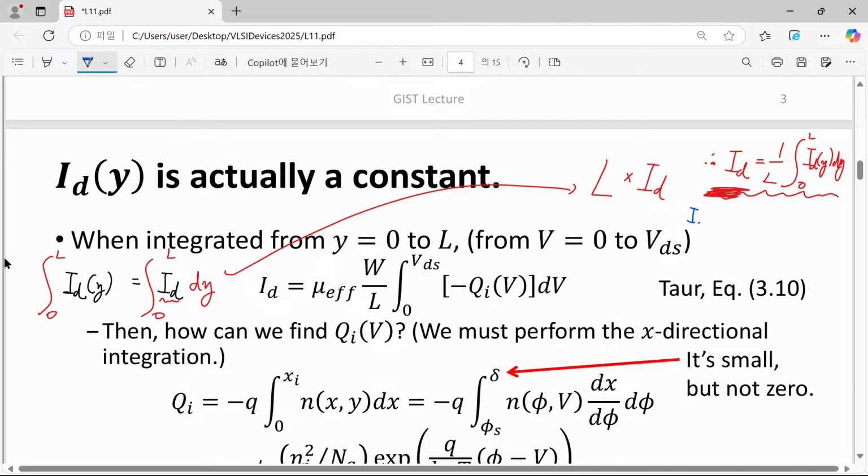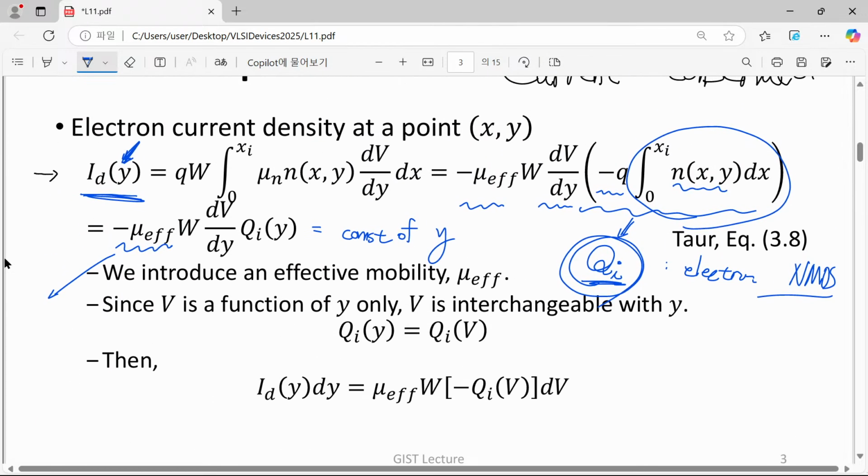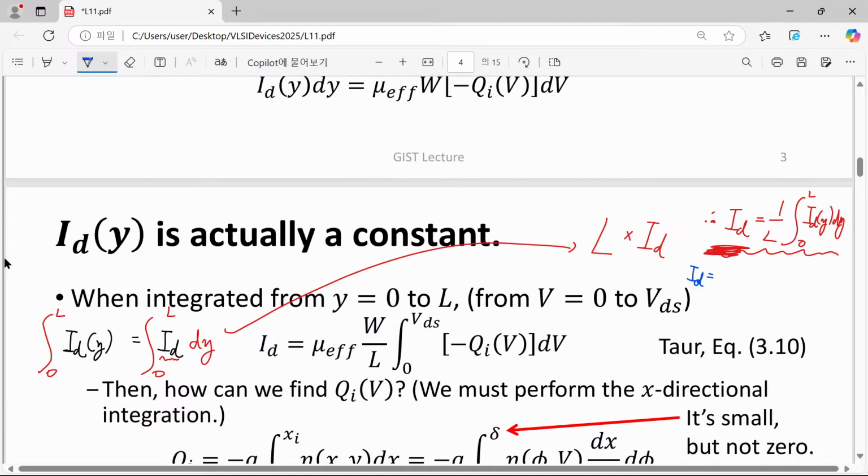Then ID can be written as, if we come back to the previous expression, this is the expression for ID, mu effective W that is required. So W mu effective is pulled out, and here 0 to L, and dV over dy Qi, that integration is required.